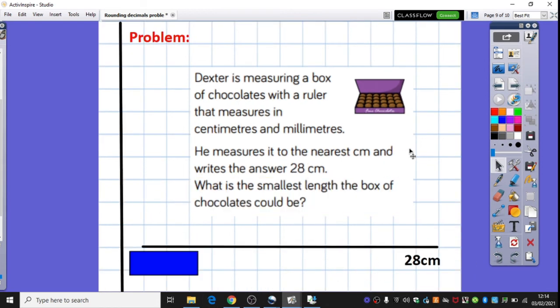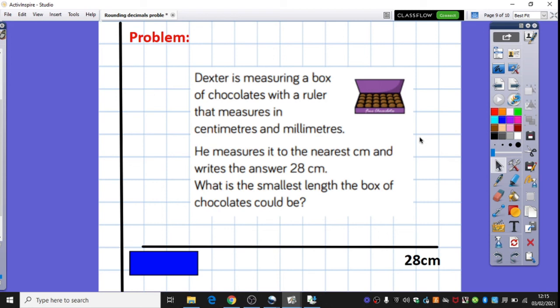Now this final problem is slightly different, because this final problem does actually just have one answer that we're looking for. Dexter is measuring a box of chocolates with a ruler that measures in centimetres and millimetres. He measures it to the nearest centimetre and writes the answer of 28.